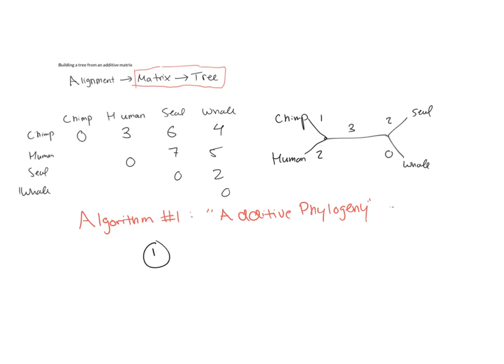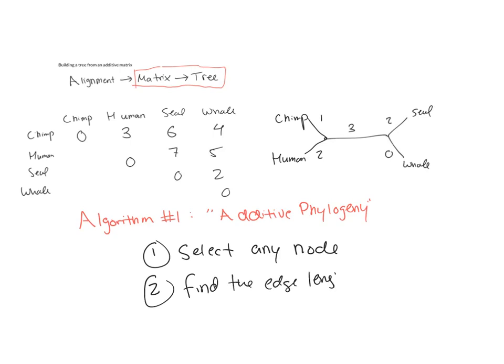The first thing we're going to do is we're going to select any node in the matrix. So I could select this 5 here, or I could select this 2 here. Then I'm going to find the edge lengths to that node. Lengths between human to A and A to whale, or something like that. And I'll show you how to find that.